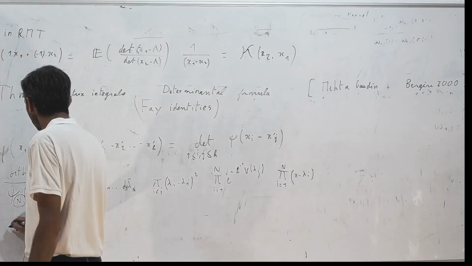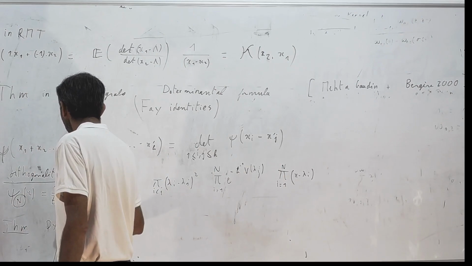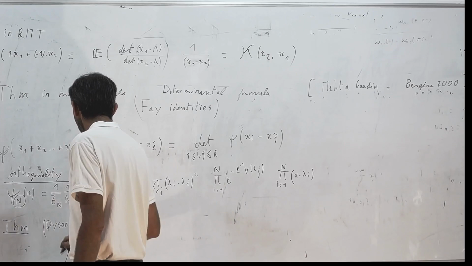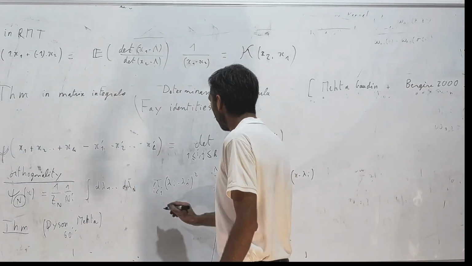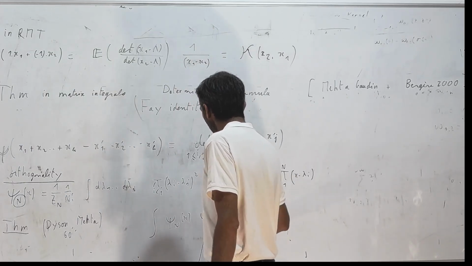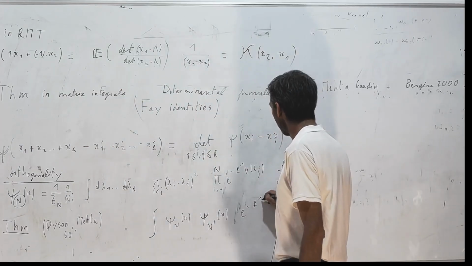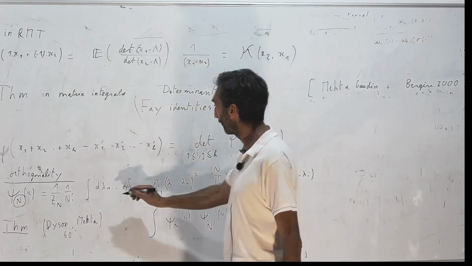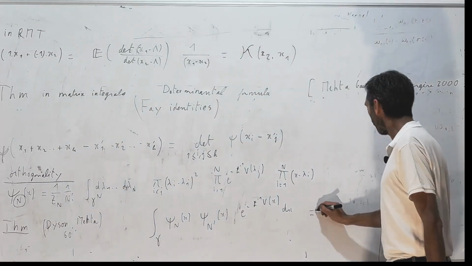The orthogonality relationship, and I think it goes back to Dyson and Mehta in the 60s, is that the integral of psi n of x, psi n prime of x, e to the minus h bar minus 1 V of x dx, on gamma, is proportional to delta n n prime.